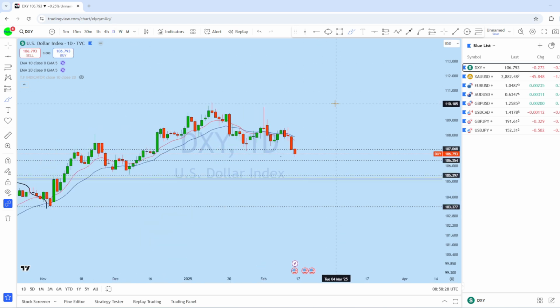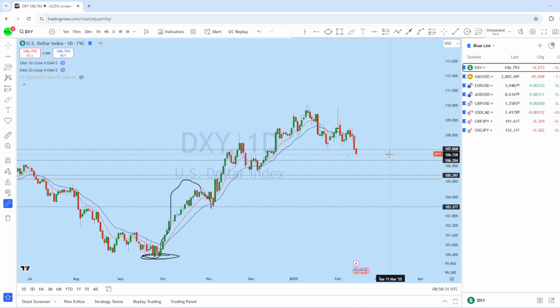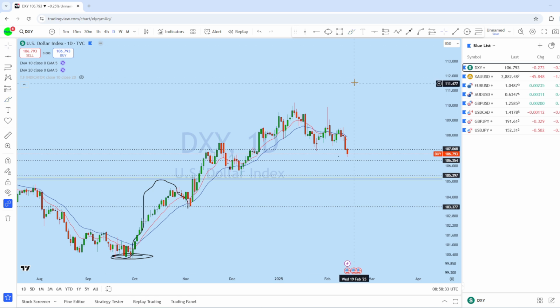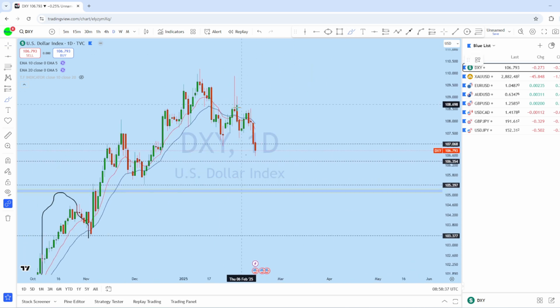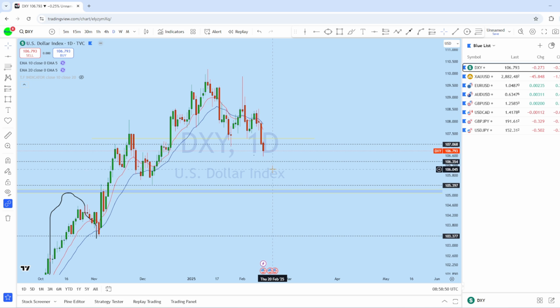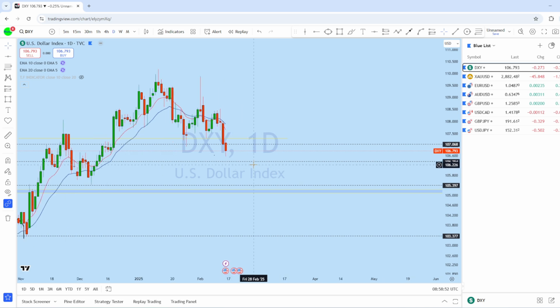Now dropping down to the daily chart to see how the market is evolving, we can see that from the daily perspective also, there were quite a few days of consolidation in that area, and after that consolidation with a long wick candle, the market got a very strong rejection, has broken this support level completely, and with that break of support, the market has currently dropped back to that level.